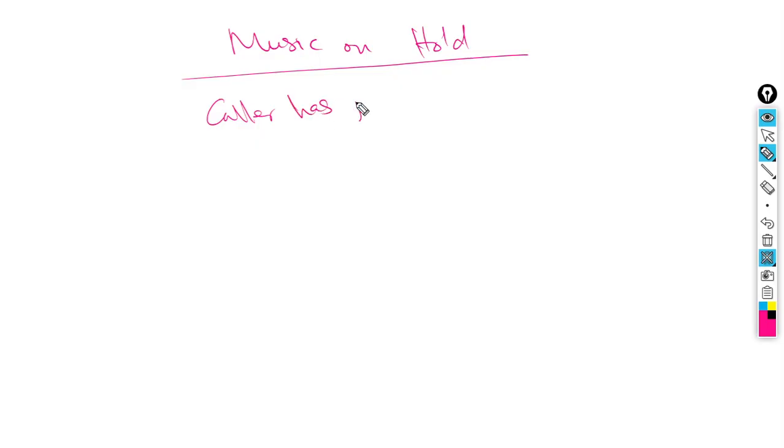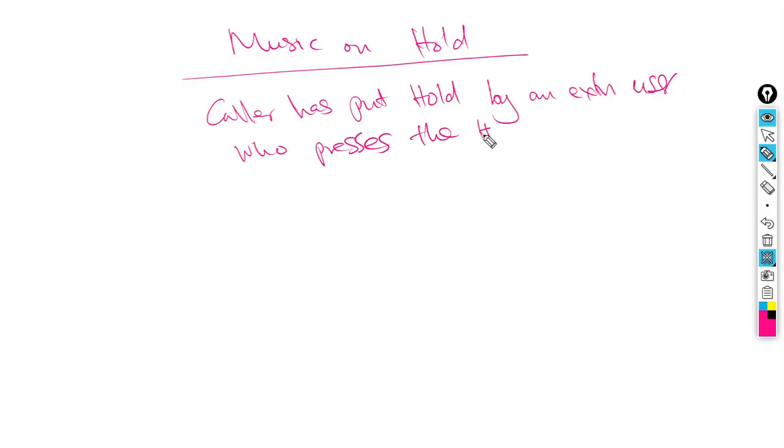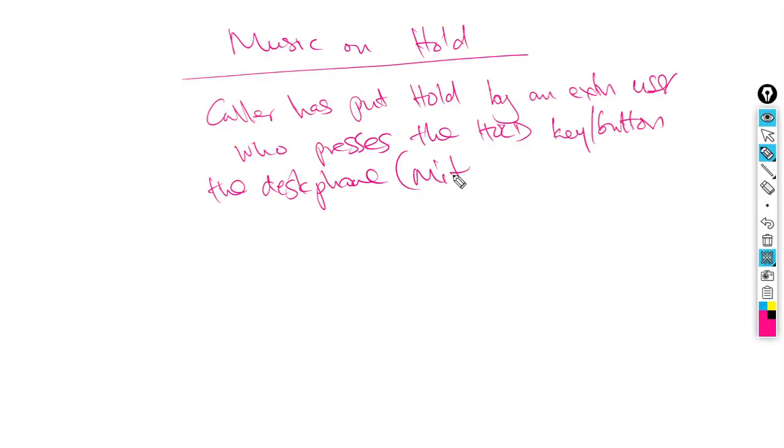When a caller has been put on hold by an extension user who presses the hold button, the hold key or a button on the telephone set, on the desk phone, probably a Mitel 69 series.